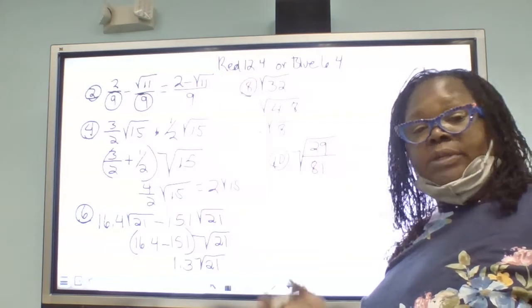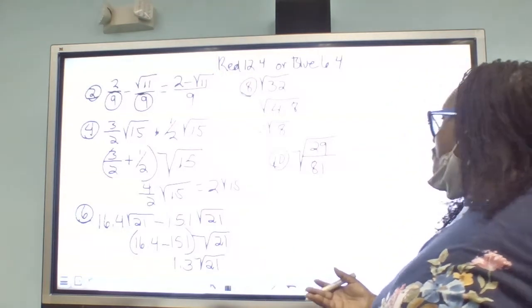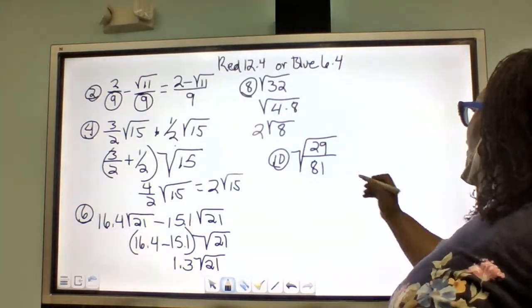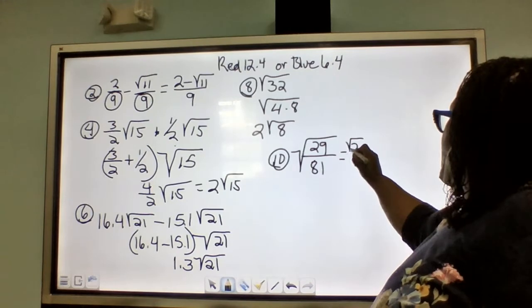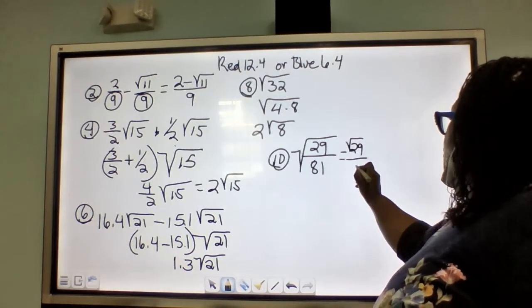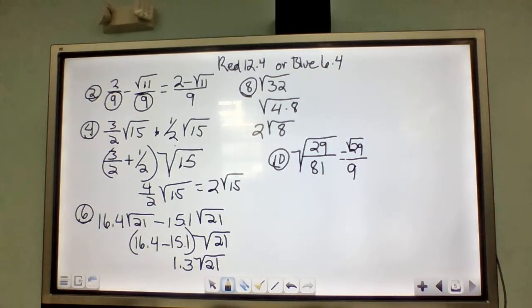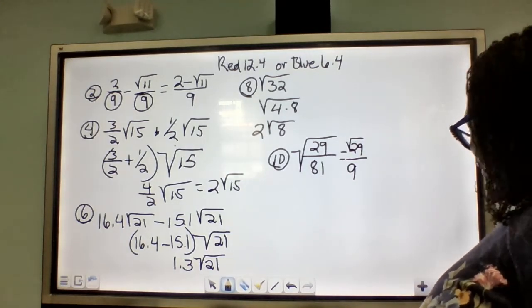In fact, 29 has no factors, okay? So therefore, we leave it as is, all right? So that the square root of 29 over the perfect square, we get the square root of 29 over 9, okay? And that's as far as we can take it.